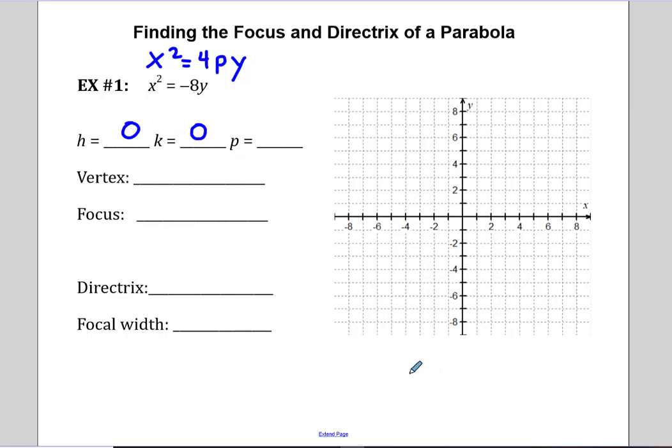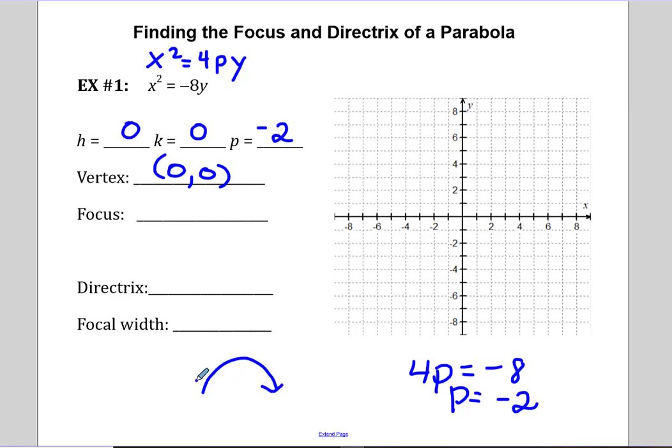And the p, if 4p represents negative 8, then p is negative 2. So we know we've got a vertex at (0, 0), and this parabola is going to go upside down since the p is a negative number. We know that the parabola faces down. So the focus would be at (0, -2).